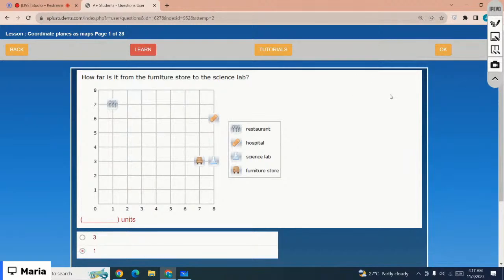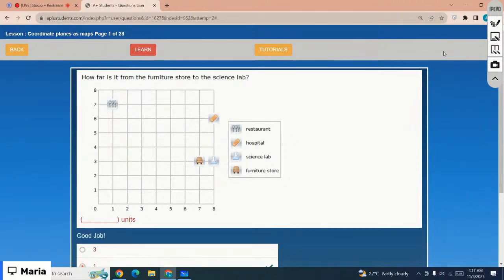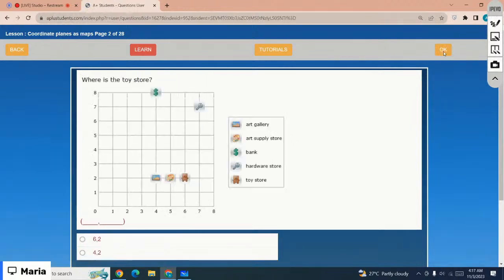The correct option is 1. Where is the toy store? Which is the correct option? Yes, very good. The Toy Store is at 6 2.